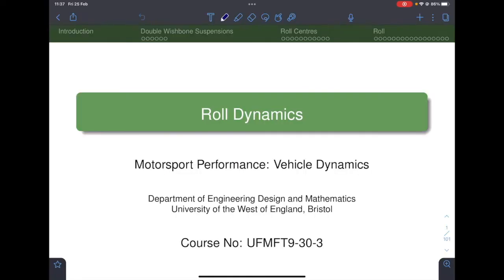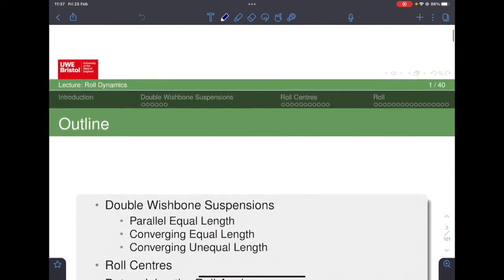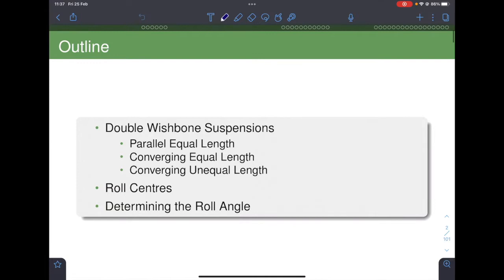Yeah, so talking about roll dynamics. In terms of what we covered today, we've got double wishbone suspension, and some different ways that can be arranged to give you different behaviour, how they affect things like camber and what happens in rebound and compression.